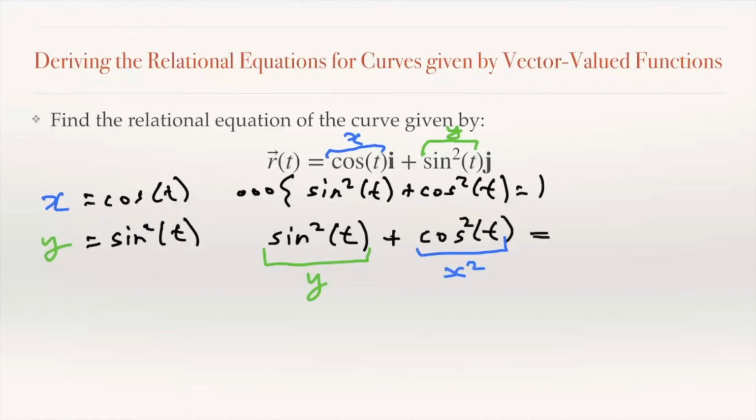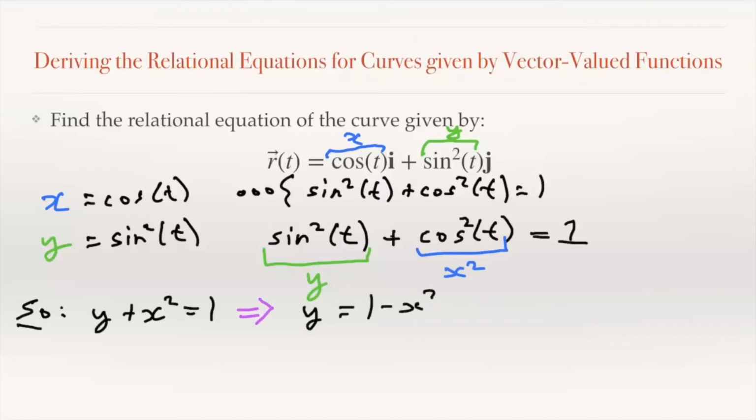But we know that sine squared plus cosine squared is 1. So therefore, y plus x squared is 1. So this is y is 1 minus x squared. An upside down parabola. But is it that whole parabola?